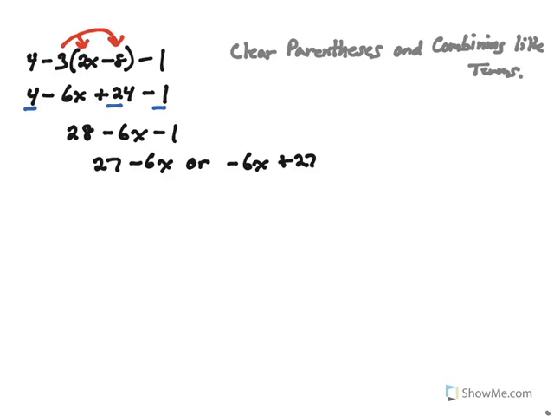That is a general way of writing polynomials: you want the term with the variable first, followed by the constant. And I'm going to get into that habit of doing it like that. And that's how you clear parentheses.